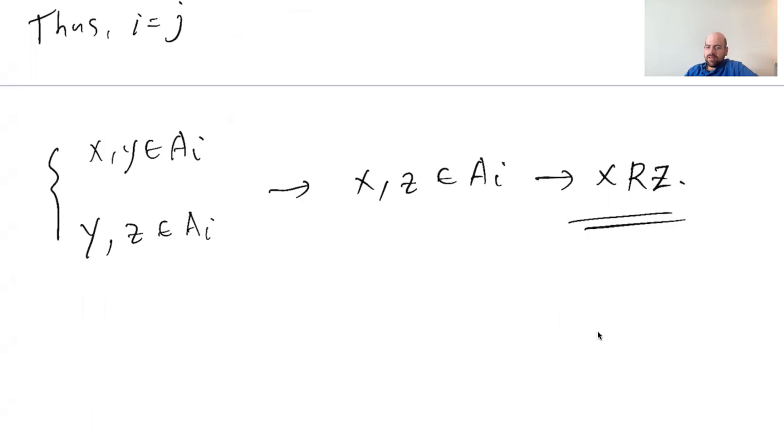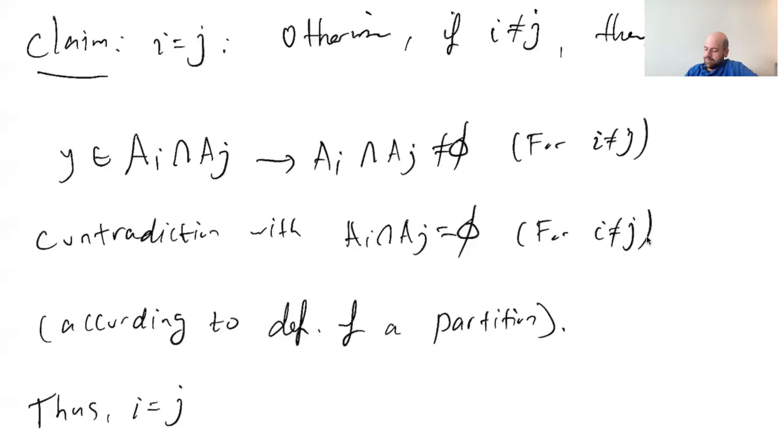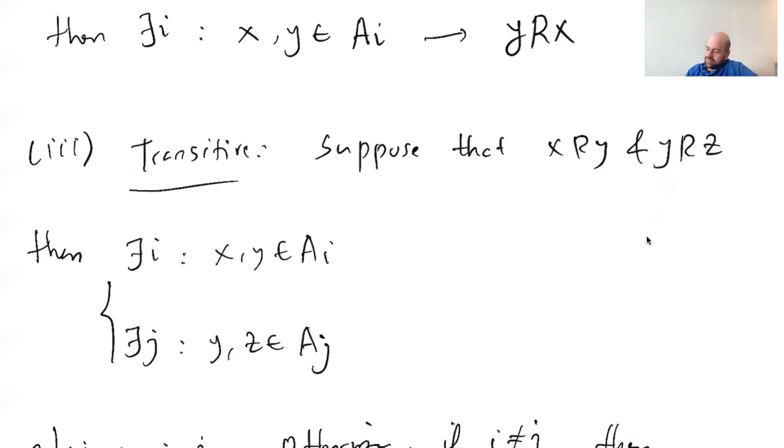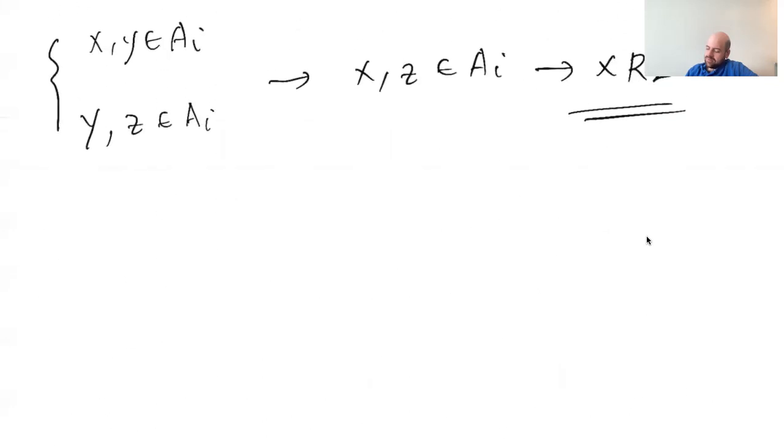Because again, remember, when can I say that two elements are in relation? If there exists at least one index I such that both those elements are in AI. But here X and Z both in AI, so X is in relation with Z. Okay, so we proved that if X is in relation with Y and Y in relation with Z, then we have X in relation with Z. So thus, we can say that R is transitive.